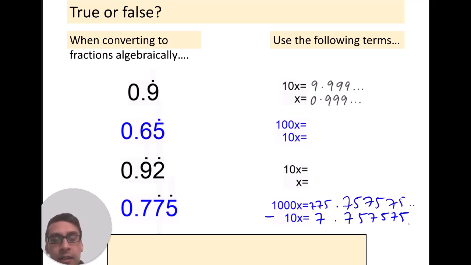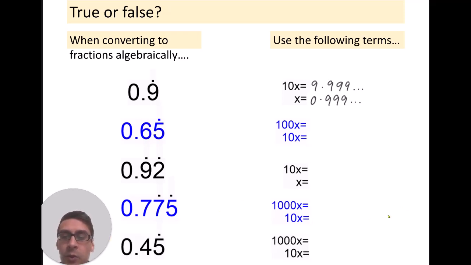So that does actually subtract, it eliminates the repetition. So that's a true. Okay, so the final example here is 0.4 with the 5 recurring. Can you use 1000x take away 10x?